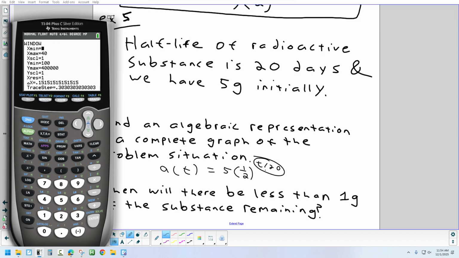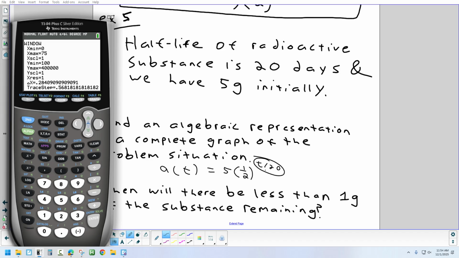Let's look at our window. Well, if we only go up to 40 days, that's how many half cycles? It's only 2. So if you take half of 5, that's 2 1/2, and then if you take half of that, that's 1 1/4. So 40 days isn't enough time. It's going to take more than that. Let's go to 75 days.